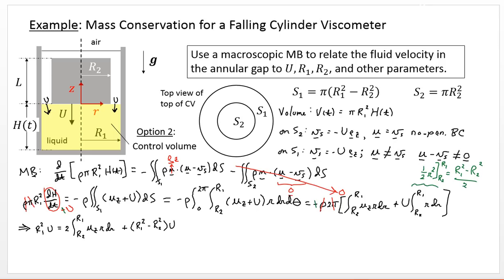And so what we see immediately is the R1 squared U on the left-hand side cancels with the R1 squared U on the right-hand side.